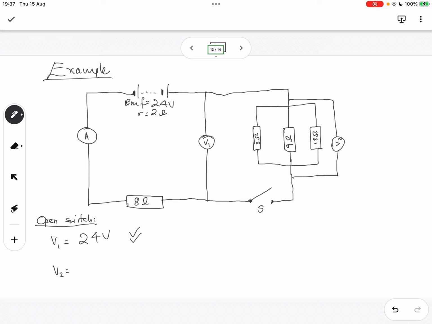And then V2, what do you think it will be? Remember, our switch is open.